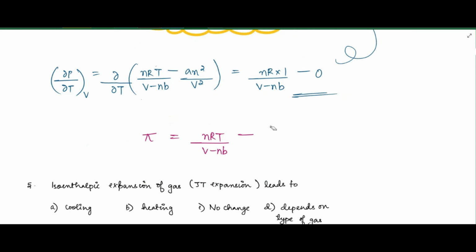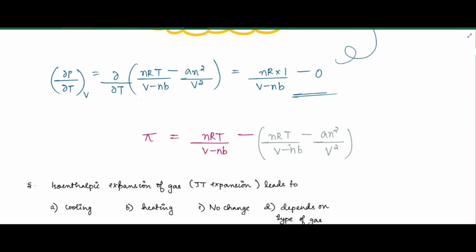P in the question is nRT by (V minus nb) minus an² by V².